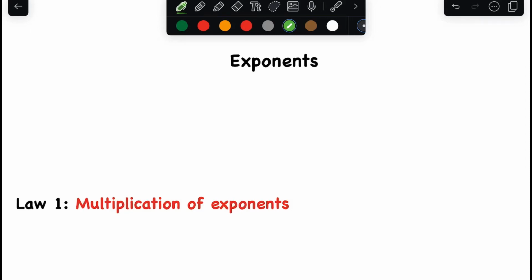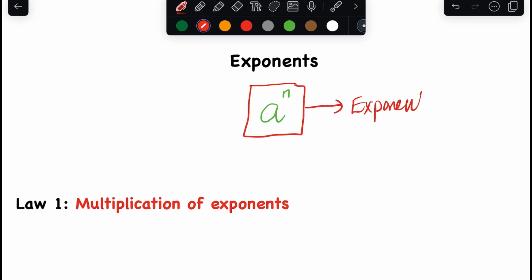Grade 8 and 9, we're going to look at exponents. Now, an exponent: if you have a number and it has a number on top of it, we call this type of number an exponent.